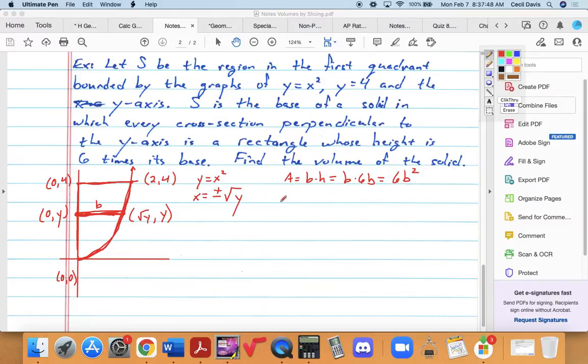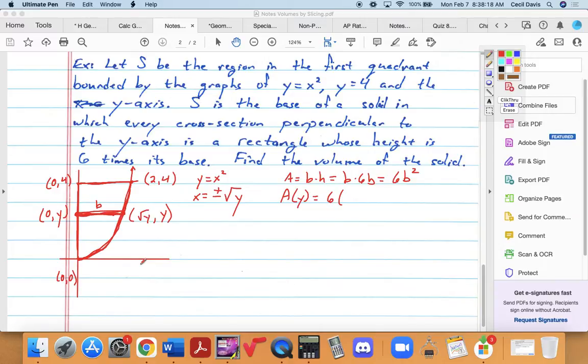So our area in terms of y is going to be 6 times, what is this distance? B. But in terms of y? Which one is bigger, the square root of y or 0?